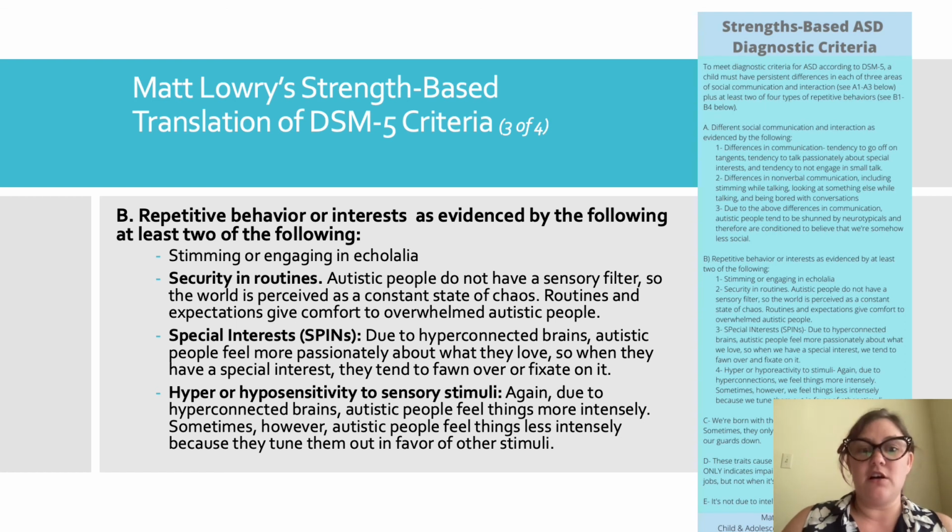Sometimes, however, autistic people feel things less intensely because they tune them out in favor of other stimuli. So, for example, some autistic people may have a really hard time with processing auditory stimuli, but are much more sensory seeking visually and are able to read and to get information visually better than they can auditory wise.